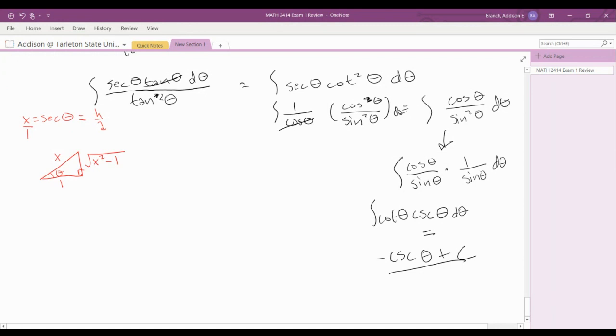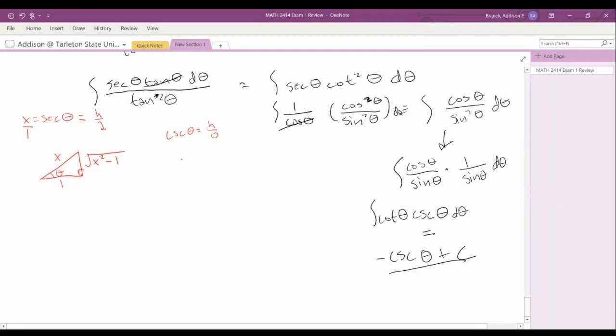And you should know if you're on the right track because when you're building your right triangle, you should always end up with that initial term that you had. So we know we have cosecant of theta. Since that is the opposite of sine, cosecant is going to be hypotenuse over opposite.